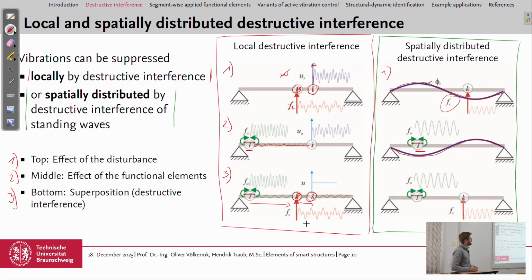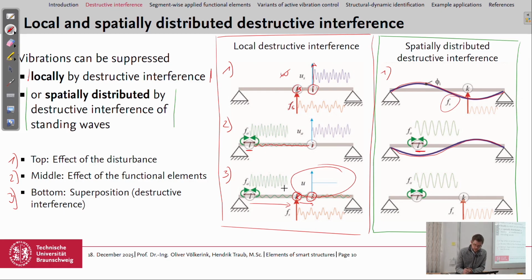The aim is that this point I, the point we want to calm down, has destructive interference so that it is not vibrating anymore. For example, in precision enhancement, when we only need a certain point to be calm, to have high precision for positioning robots, then we could use this.